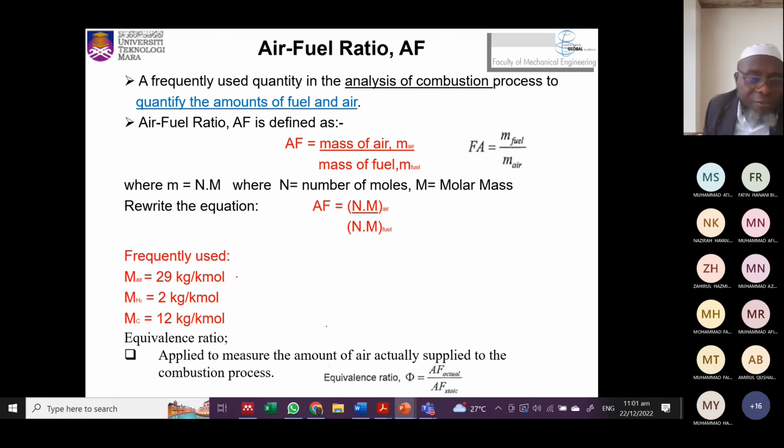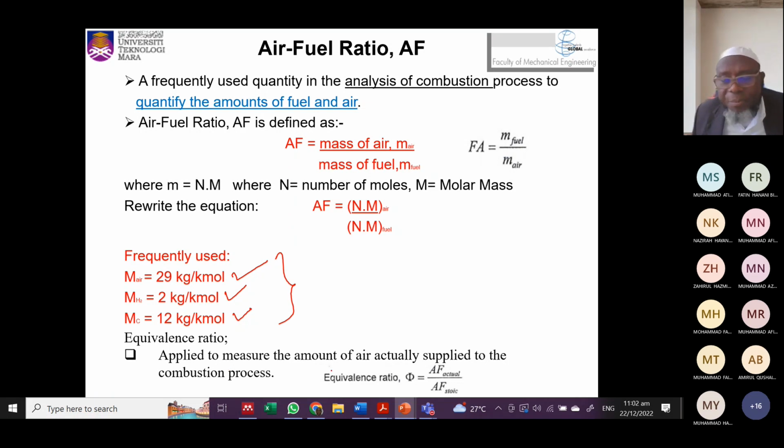The molar mass of atmospheric air is 29 kilogram per kilomole, hydrogen is 2 kilogram per kilomole, and carbon is always expressed as 12 kilogram per kilomole. All these are available in the property table as well, so you need not worry so much.